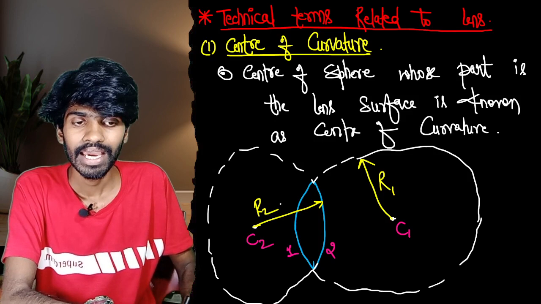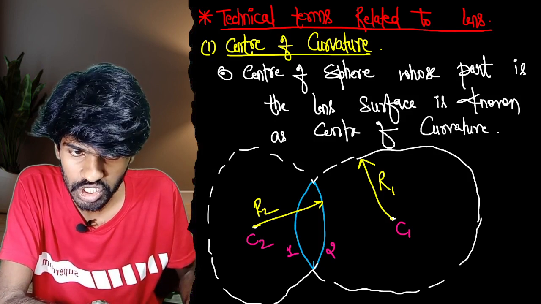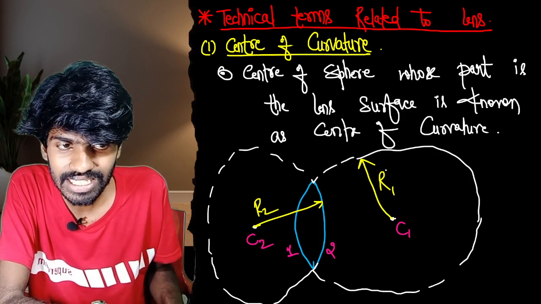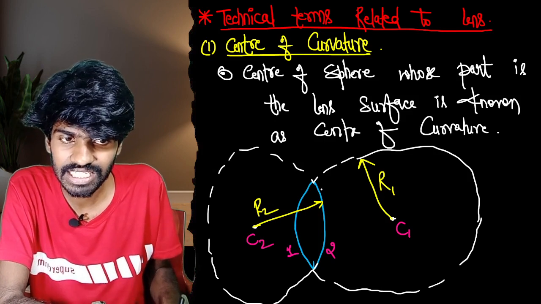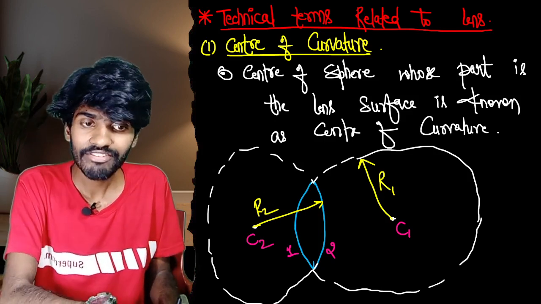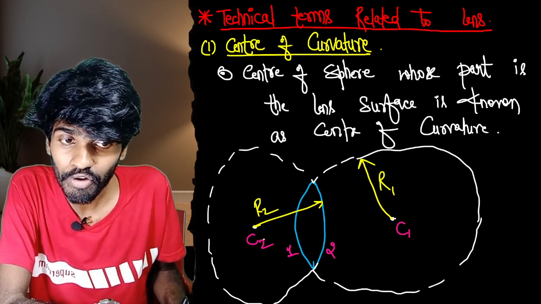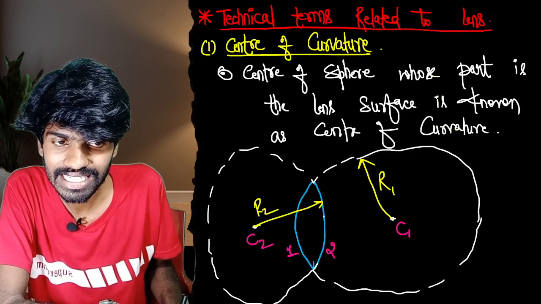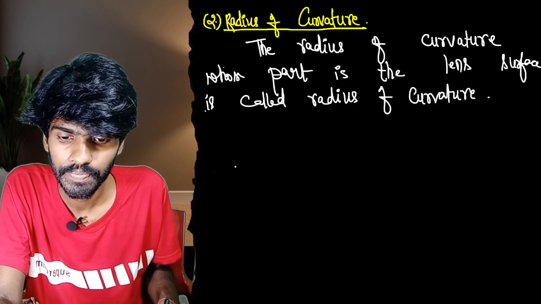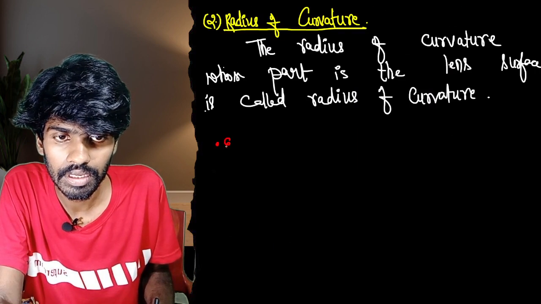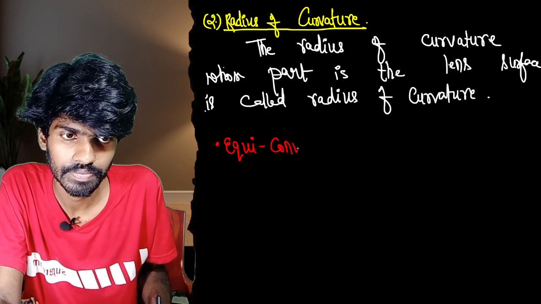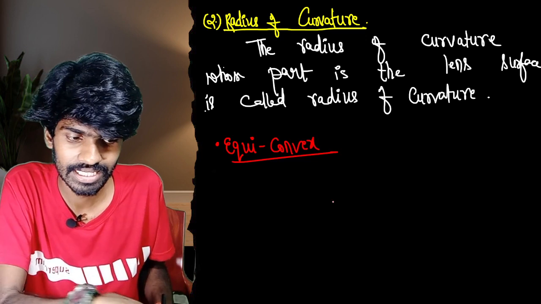You can see here the radius of curvature of these two parts can have different values. Okay, for this it is R1, for this surface it is R2. If the radius of curvature of these two parts are the same, then we will call this lens an equiconvex lens.